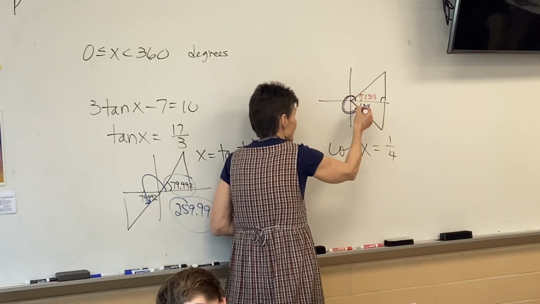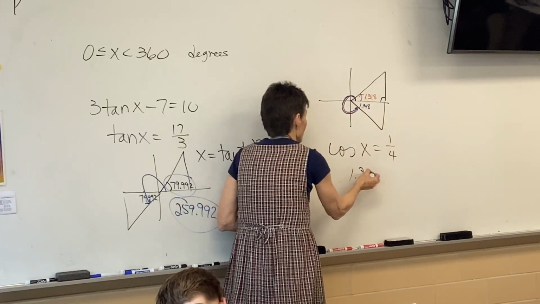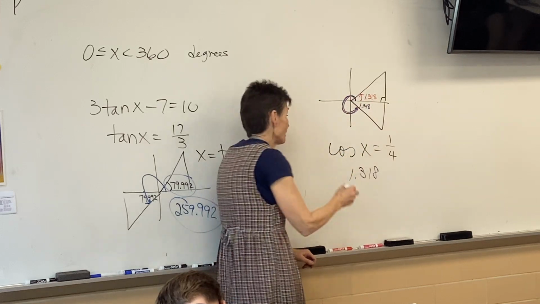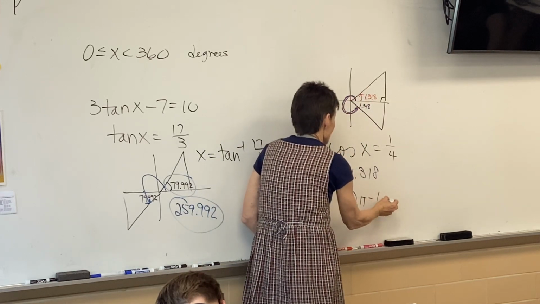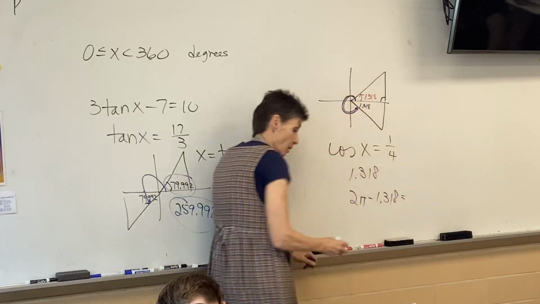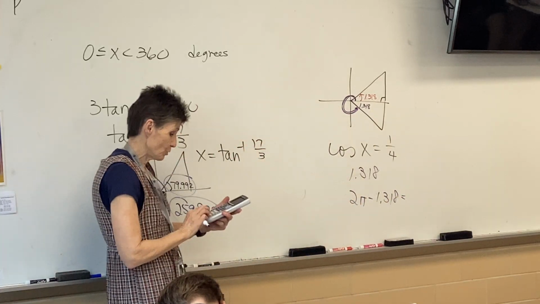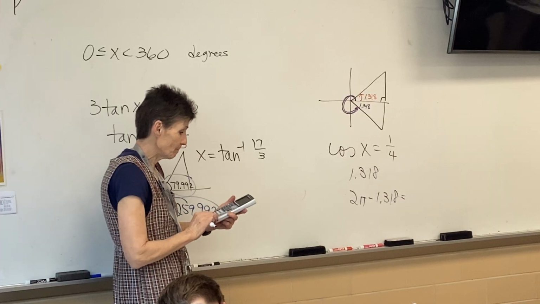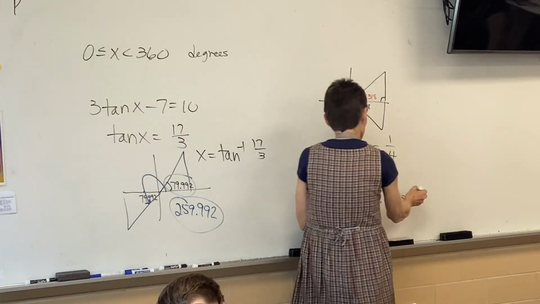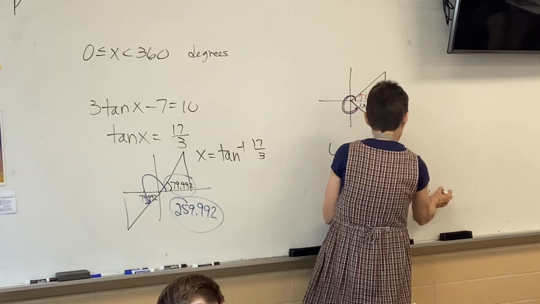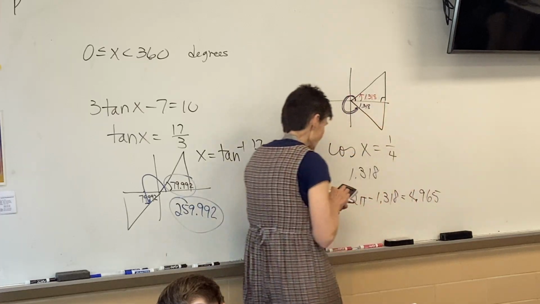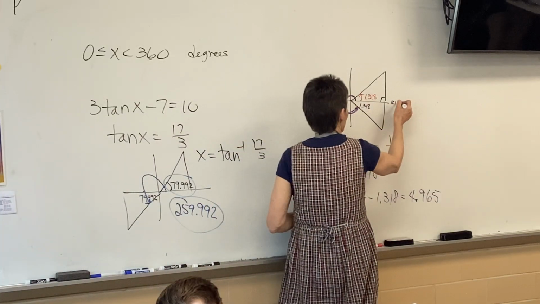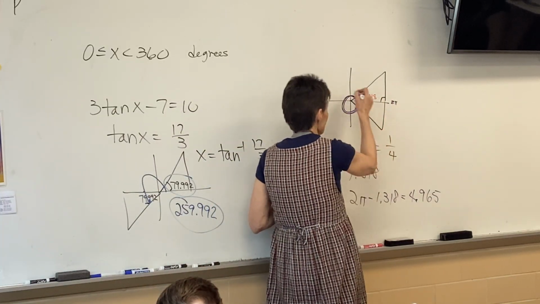Now how will I get that? One answer is 1.318. What's the other one? 2 pi minus 1.318. So on my calculator, I'll just take 2 pi minus that answer, and I get 4.965 as my second answer. This is 2 pi all the way around. I didn't go all the way around, I stopped 1.318 short.